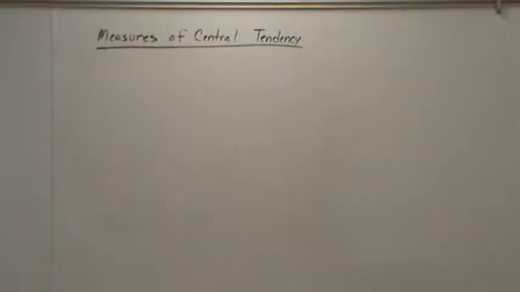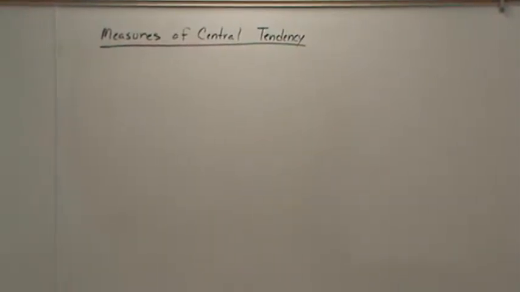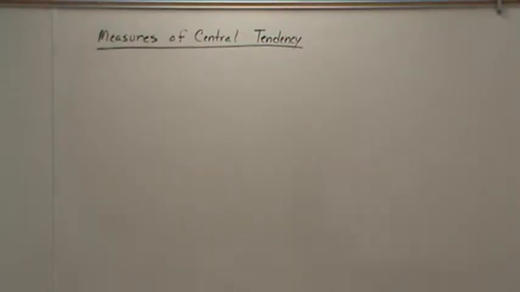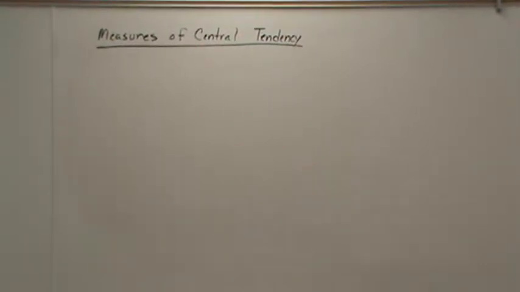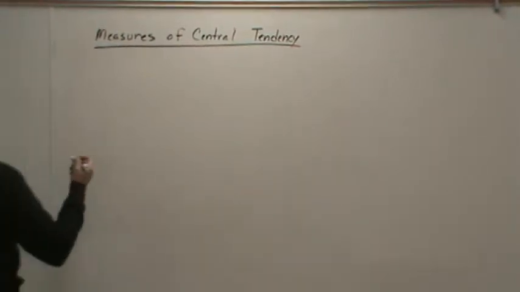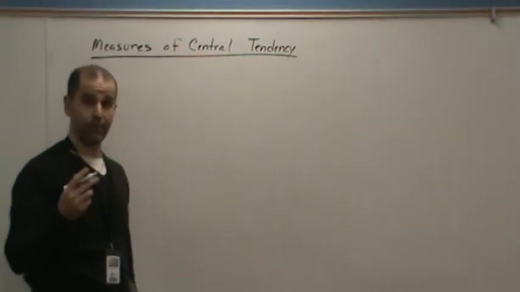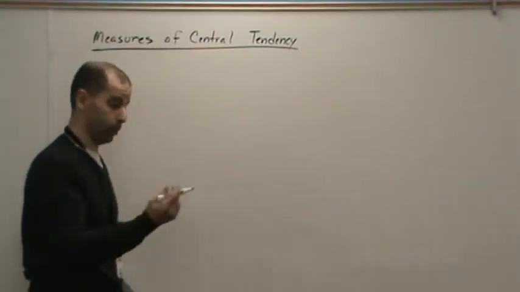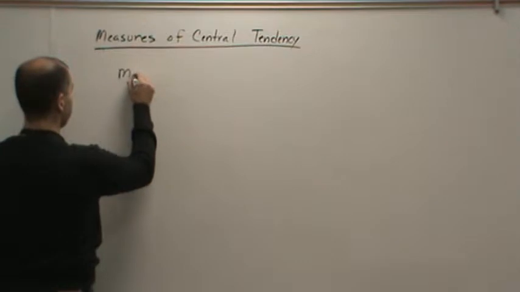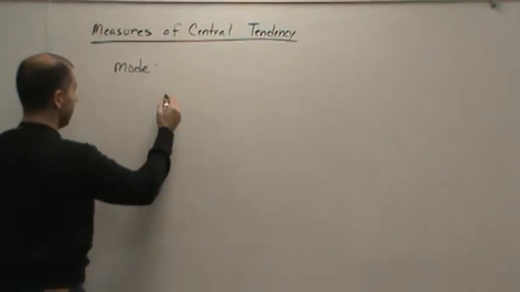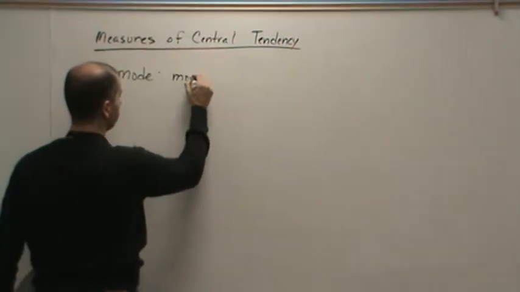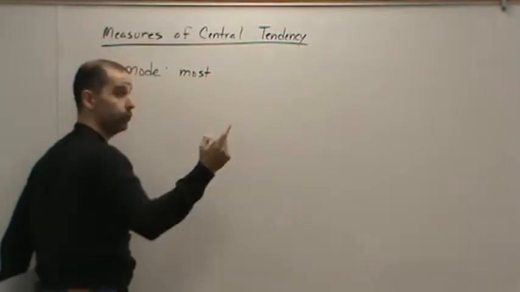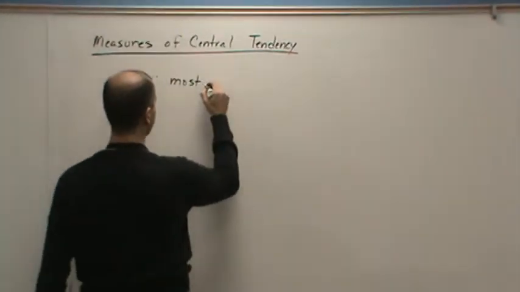That's all it is. So if you have a data set and you look at the numbers, whatever value happens the most frequently in the data set, that's going to be your mode. So mode is very easy to understand. It's the most frequent value, or values if there's more than one.